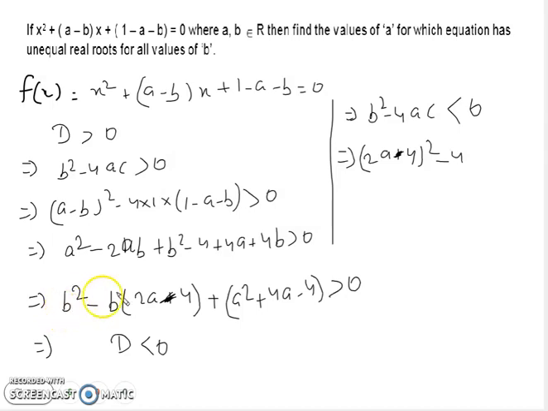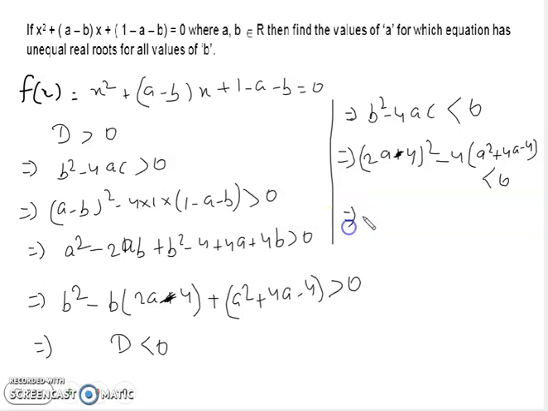What is the value of a? It is 1, and 4 into 1 equals 4, so 4 times (a square plus 4a minus 4) is also less than 0. Are you getting my points, guys?